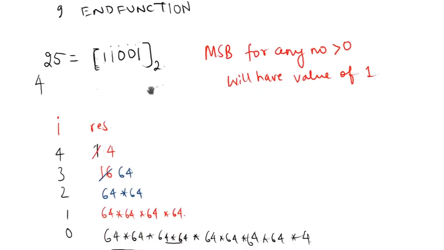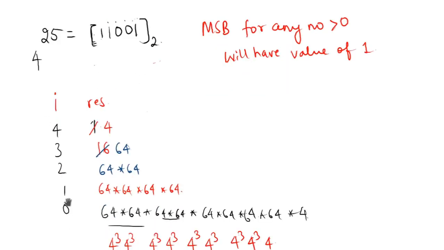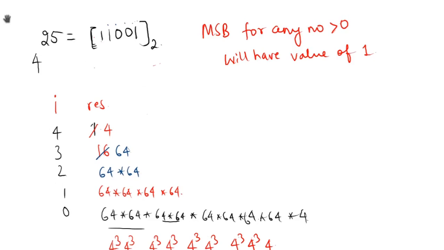So let us say this will be executed from 4 to 0, and in the first case the result is updated to 4, and then in the third iteration the result is getting updated to 16, but since the bit is set to 1, this is updated to 64, which is generally 4 raised to power 3.